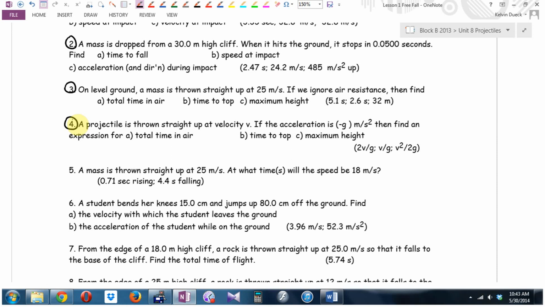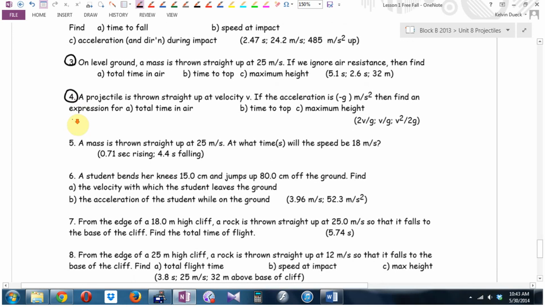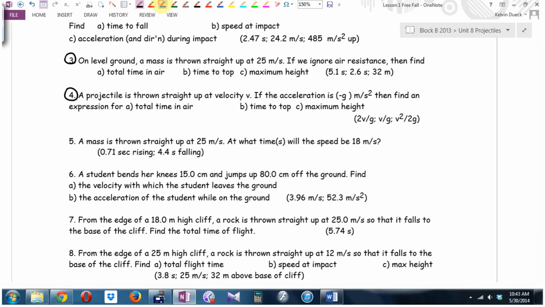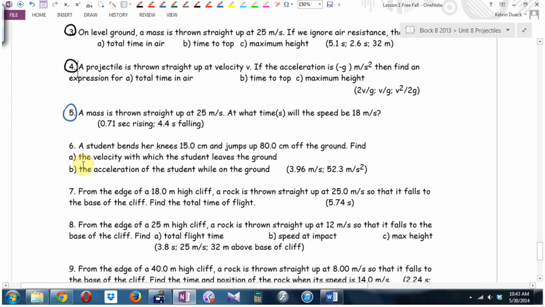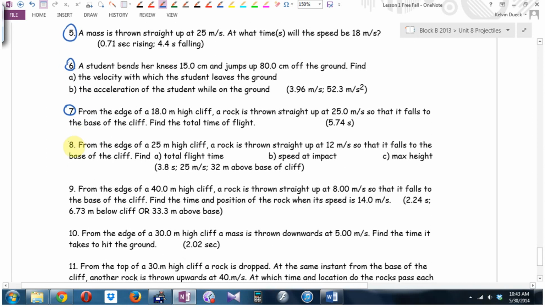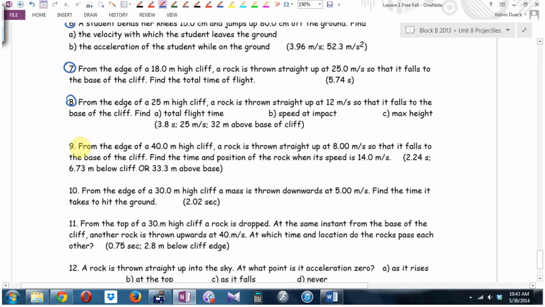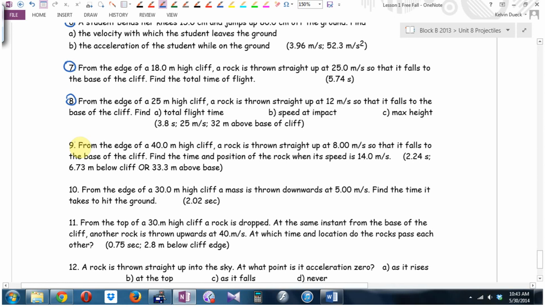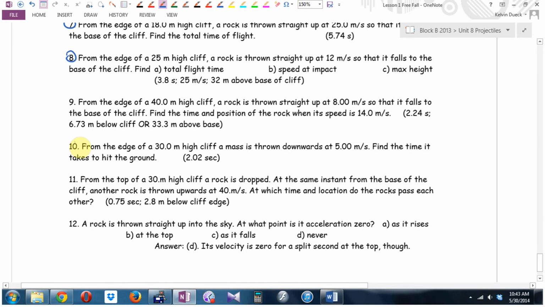So if you start getting comfortable with the algebra, you can try 4, but don't freak out if you're like, 5 is good. 6 is good. 8 is good. Skip 9. Nice try.